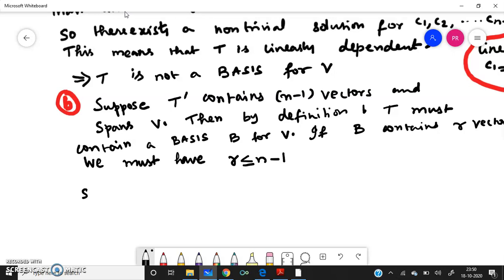Since B is a basis, now we'll take the help of A, our theorem's A part. Since B is the basis and S has R minus 1, R plus 1, maybe greater than R, no?